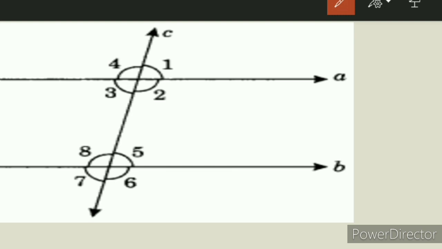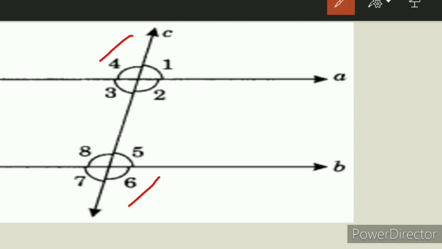Okay, next, the fourth category, corresponding angles. Before that, one more: alternate exterior angles. It means outside of the parallel lines, and also on opposite sides of the transversal. Which angles? 4 and 6. Look at the angles.